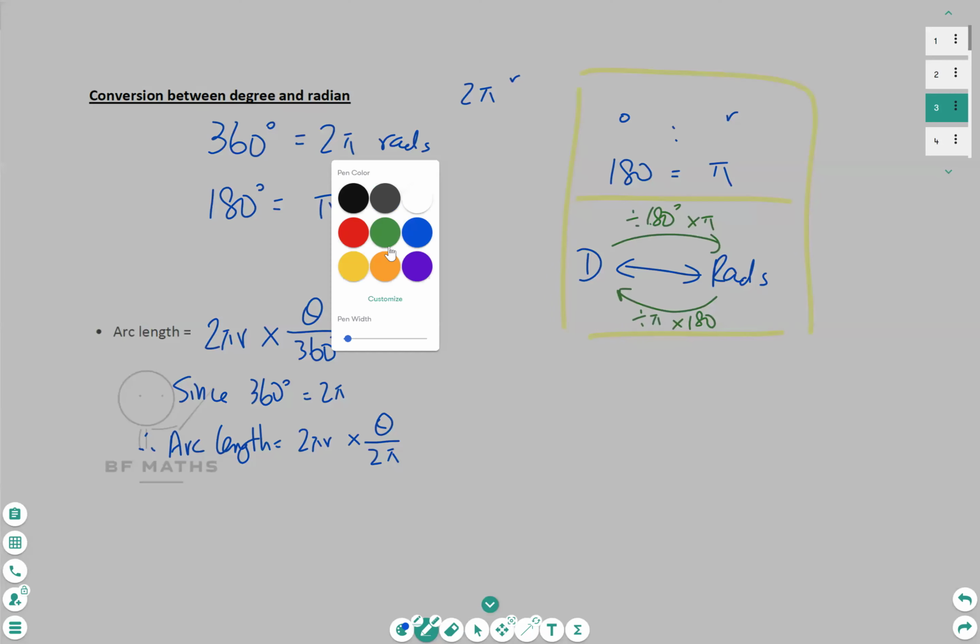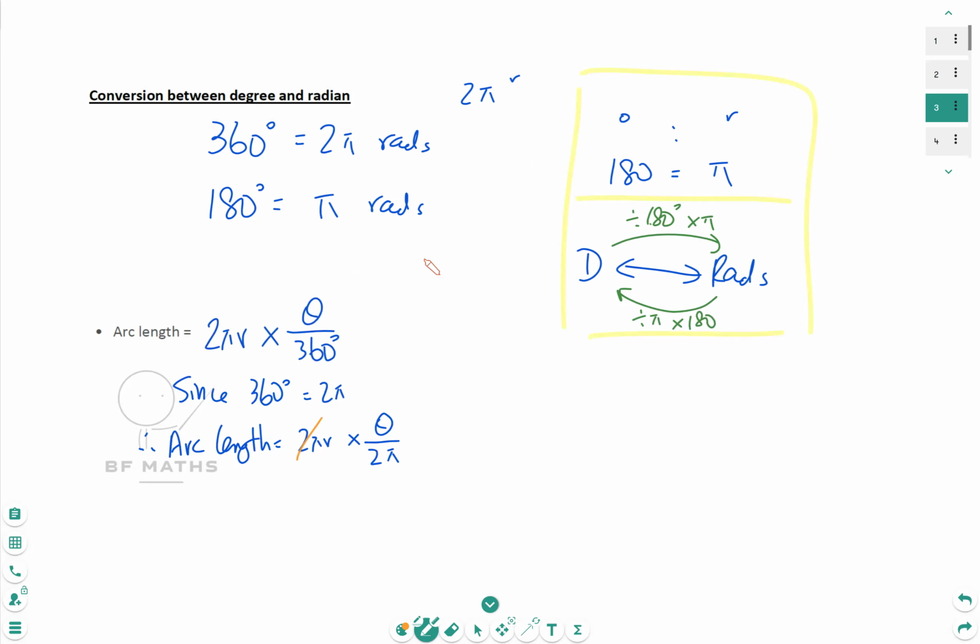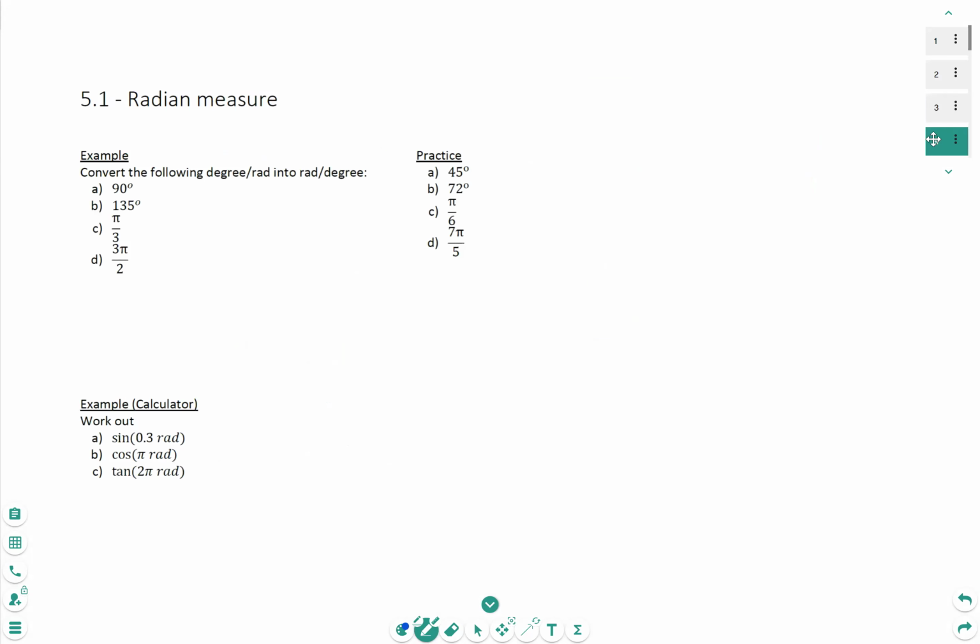And then if I cancel out the 2 pi in the numerator and denominator, arc length equals r theta. So that's arc length in radians form. You will have to remember that, because r theta is not given in the formula booklet. This theta is in radians. Let's carry on.